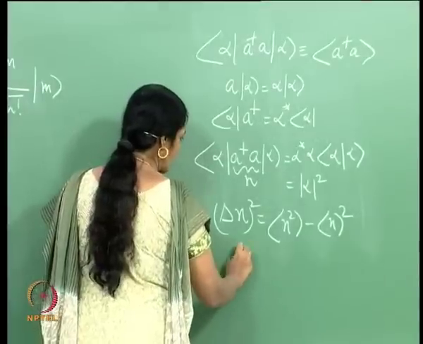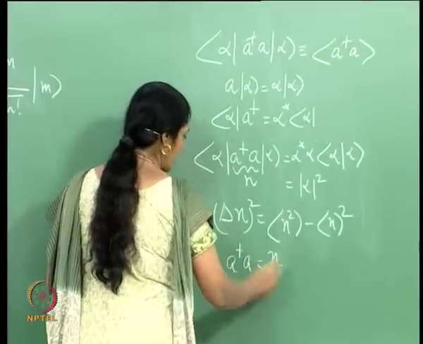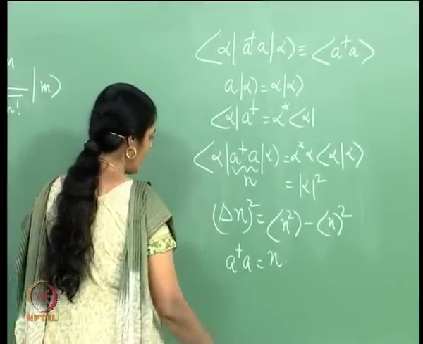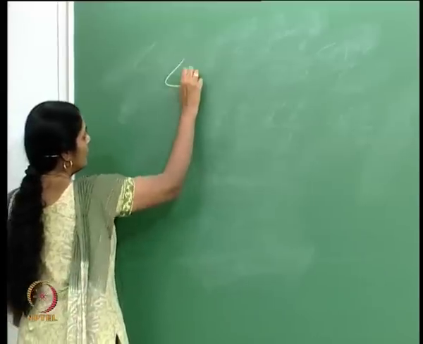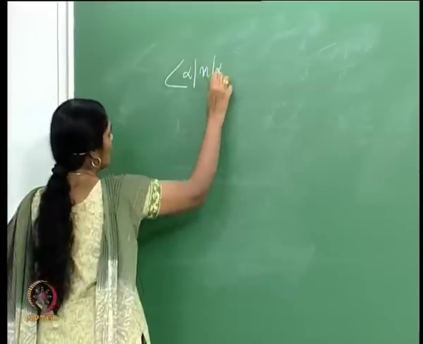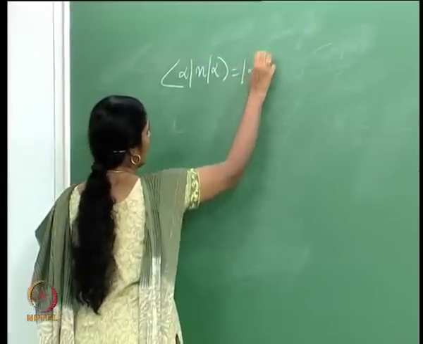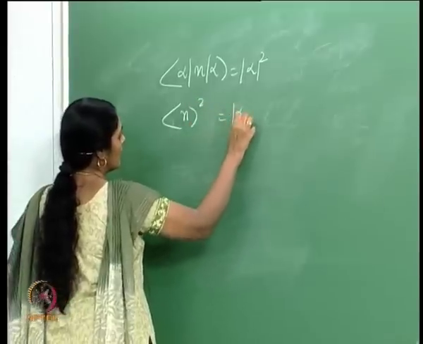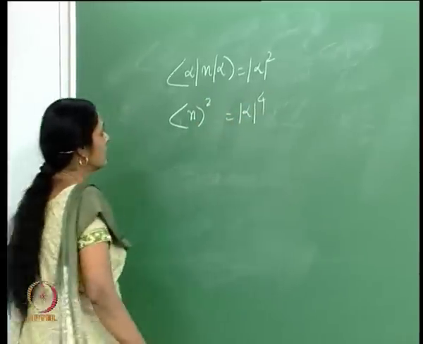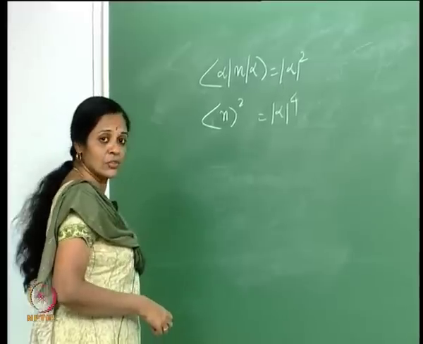Now, A dagger A is simply given by n, that is my notation. So, let me compute these objects. You see, the expectation value of the operator n was mod alpha squared, and therefore, expectation value of n the whole squared is mod alpha to the power of 4.